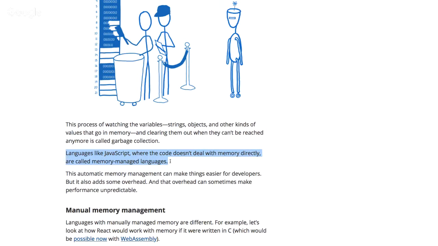Let's say you create a character array: you allocate memory using malloc, and then you are responsible for deleting that memory later when it's not being used anymore.